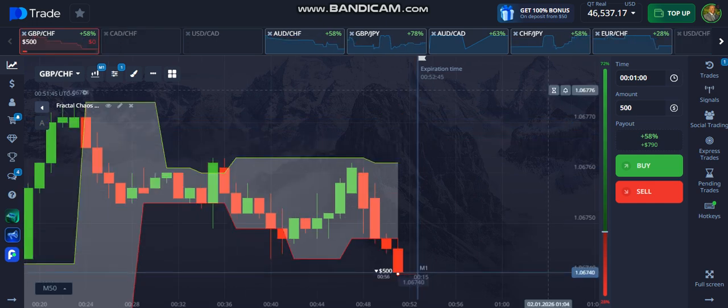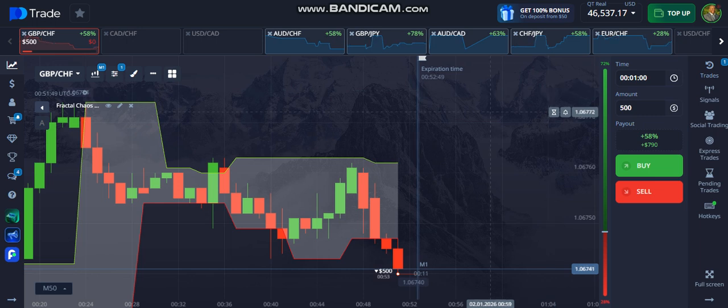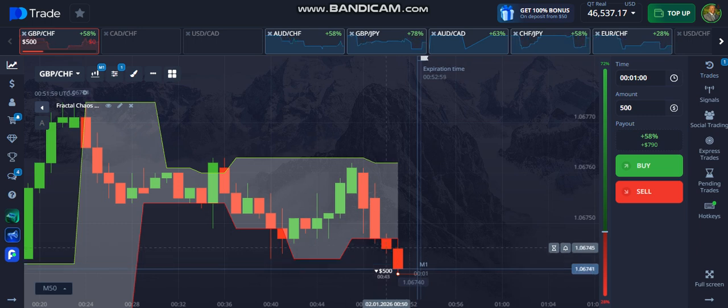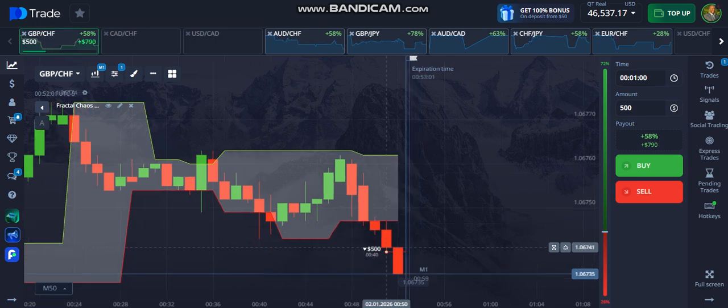Okay, so I'm on the Great British Pound Swiss franc currency pair, and I just took a sell trade here. And the reason why I took the sell trade is, first of all, the previous candle, okay. So now the next candle opens up.